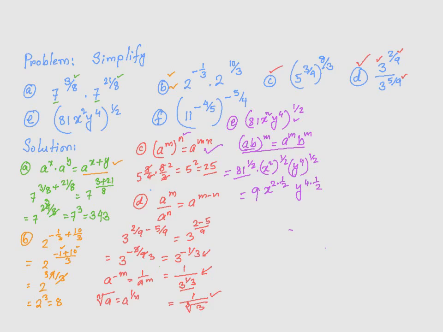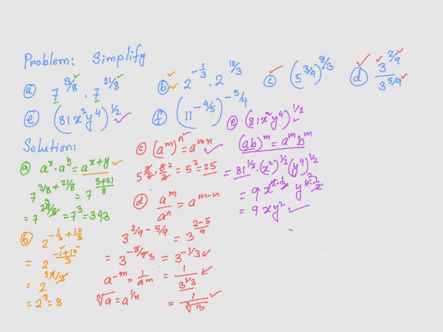Now 2 and 2 cancel out here, and 9 in front, so I write it. Then I have x to the power 1, since 2 and 2 cancel out, but x to the power 1 is just x. 2 goes into 4 twice, so it's going to be just y squared. And this is going to be your answer to this one.